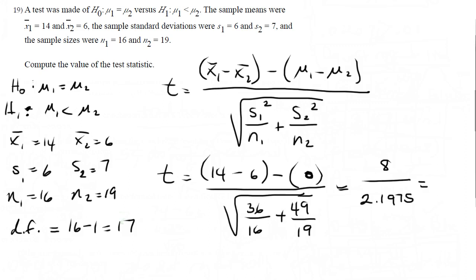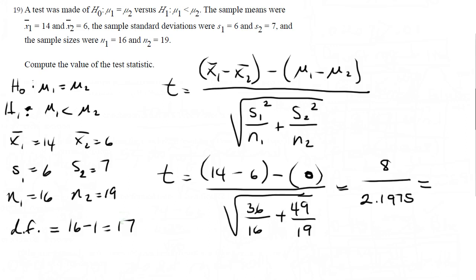8 divided by 2.9715. That gives 2.69, so the t statistic is 2.69. I think I typed that in incorrectly. I made a little mistake there, didn't I? And nobody told me that I did something wrong there.